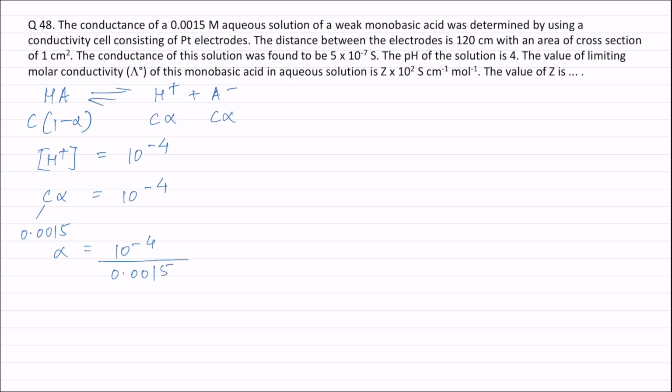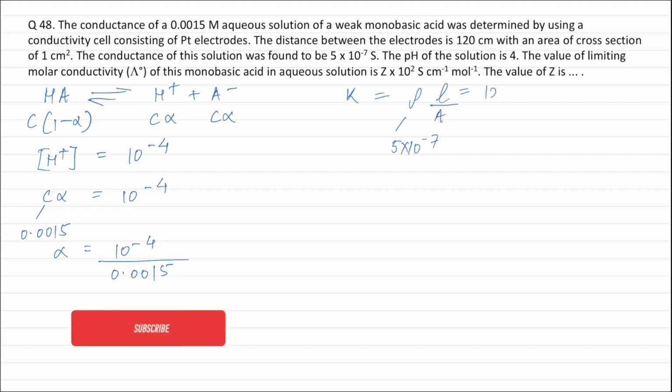Now the value of specific conductance is equal to G L by A, where G is the conductance whose value is given as 5 into 10 to the power minus 7. The value of L, that is the distance between the electrodes, is given as 120 centimeter, and area is equal to 1 centimeter square.